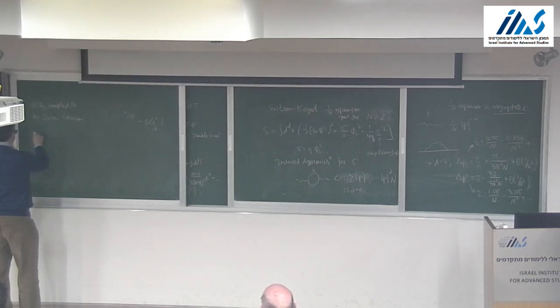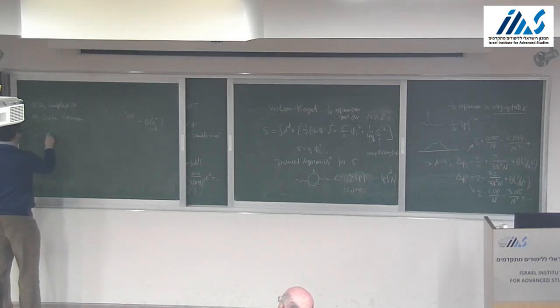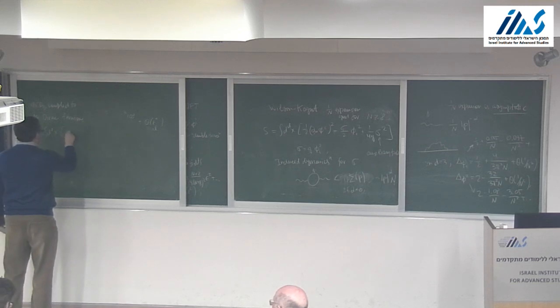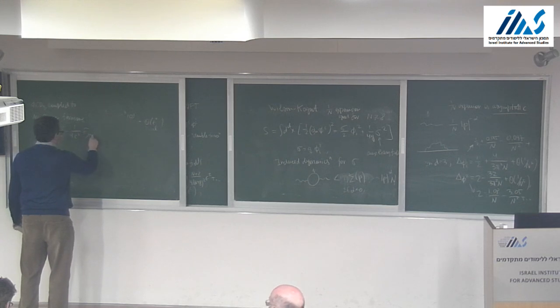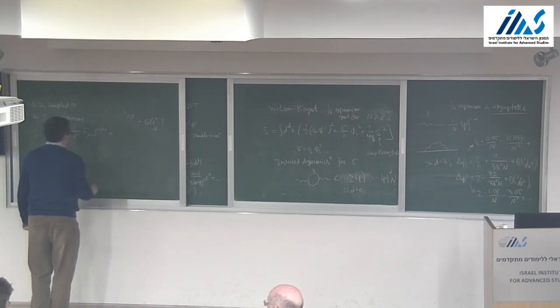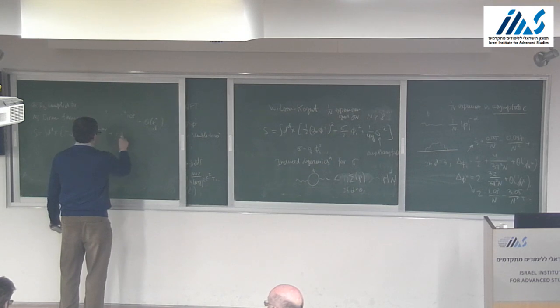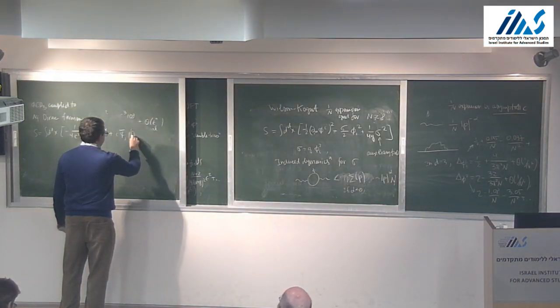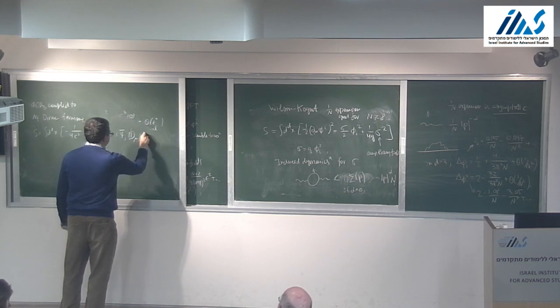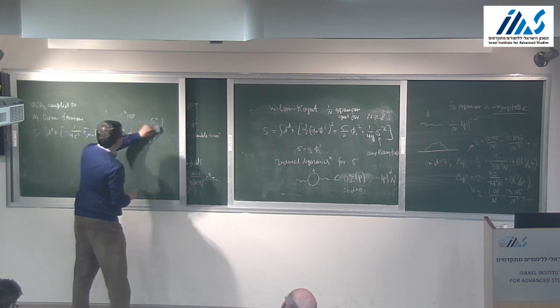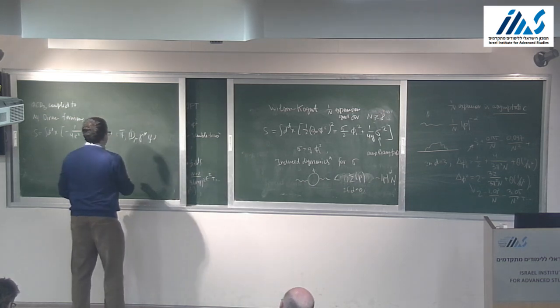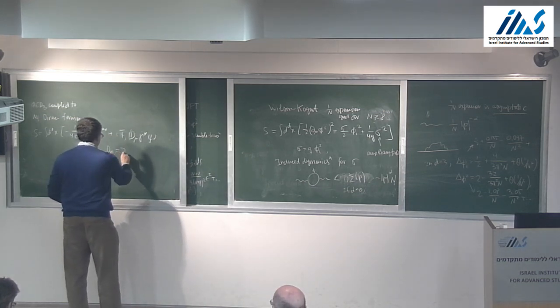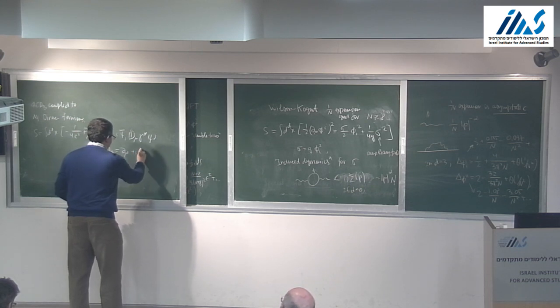So here the action is very simple. You just have the integral d^3x of minus 1 over 4e squared F mu nu squared, plus i psi bar_j D slash, or D_mu gamma^mu, times psi_j, where D_mu is just partial_mu plus i A_mu.